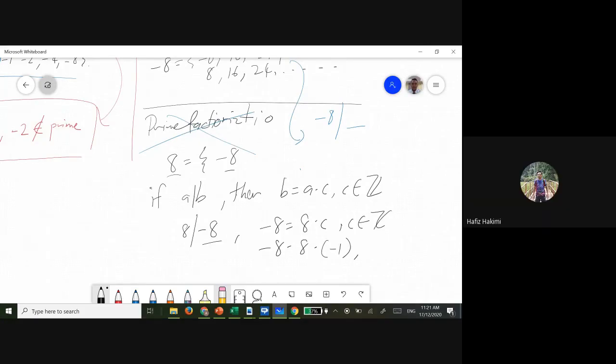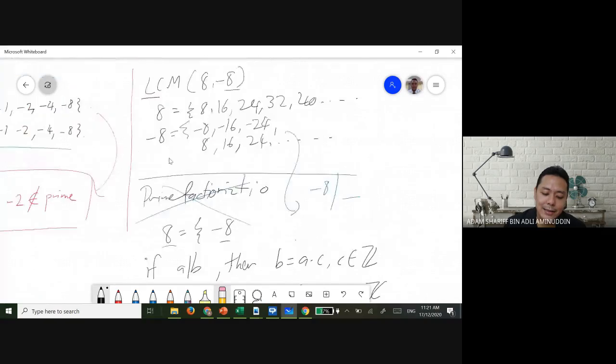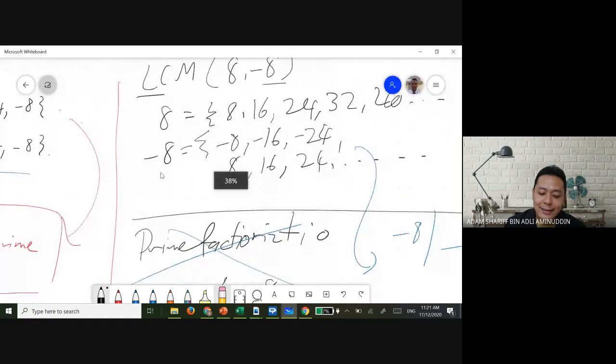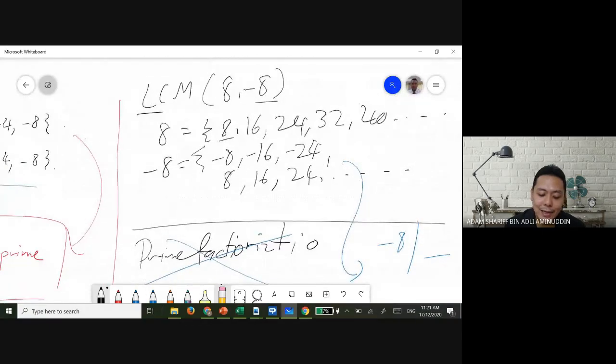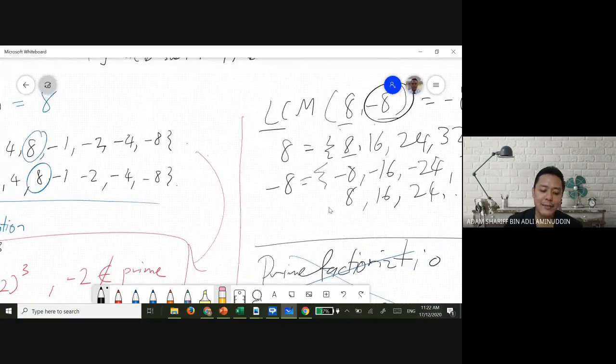Negatif 1. Negatif 1 pun adalah faktor. So untuk kita senaraikan multiple untuk 8, dia boleh juga negatif 8, negatif 16, negatif 24, negatif 32. So LCM itu 8 dengan negatif 8, kita ambil nilai yang kecil ialah negatif 8. Dia terbalik dengan faktor.